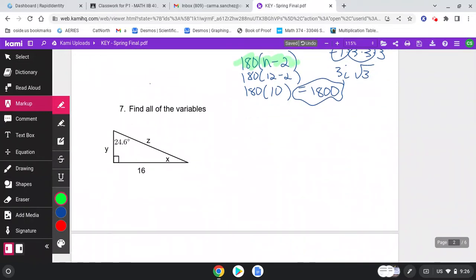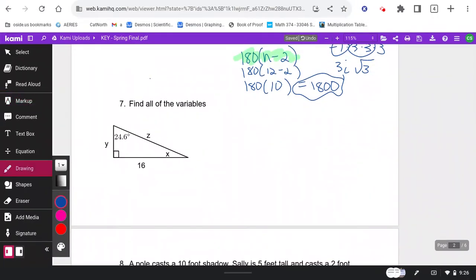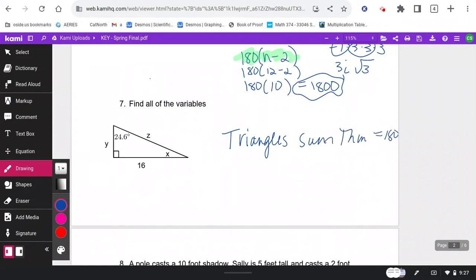All right, number 7, find all the variables. We're first going to, by knowing the triangle sum theorem, which tells us that triangles add up to 180, be able to say x plus 24.6 plus 90 equals 180.